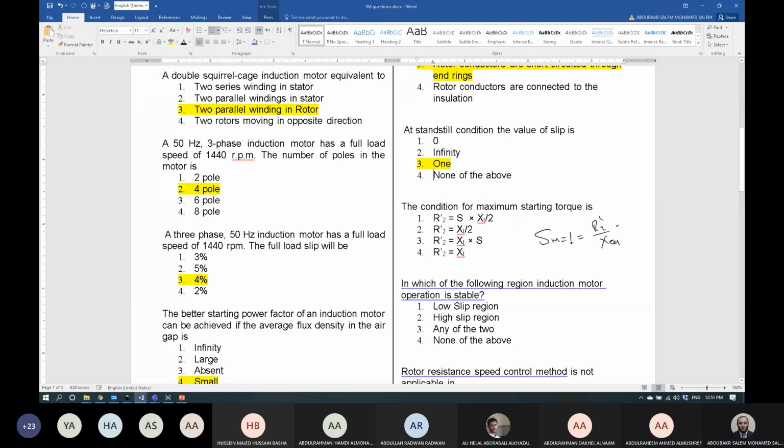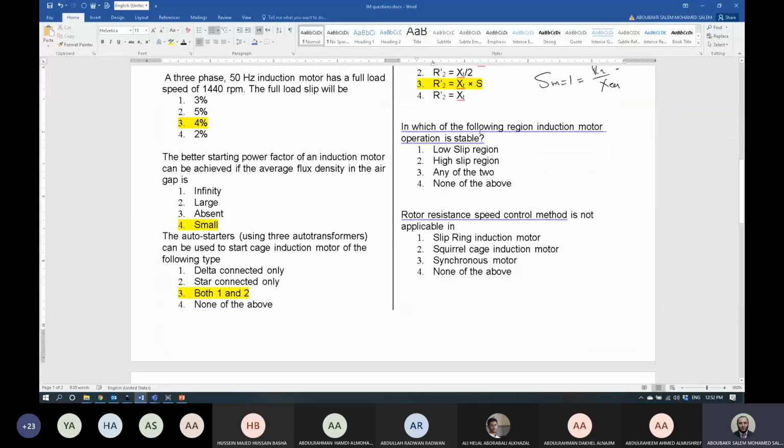This is the condition for maximum starting torque. So from this relation, R2 equals S multiplied by X. So the right answer here is the third one, X multiplied by S.